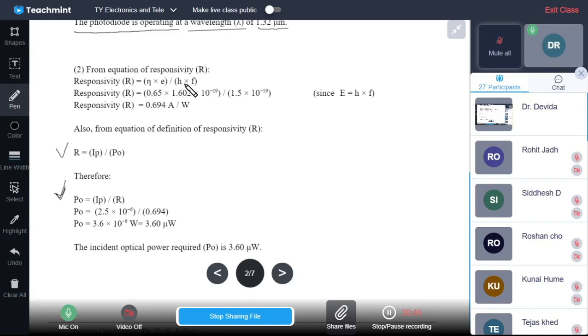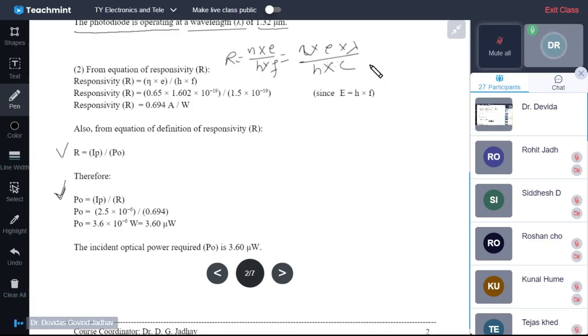So our equation is eta E upon HF, or eta E lambda upon HC. Which equation do we use to calculate R, and why are we calculating R?